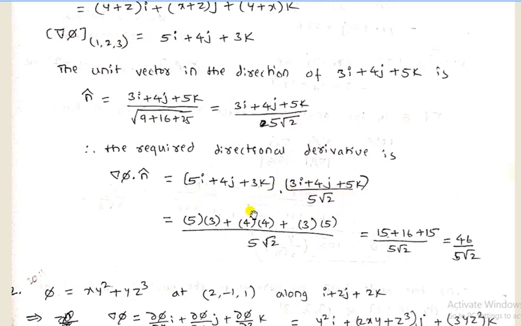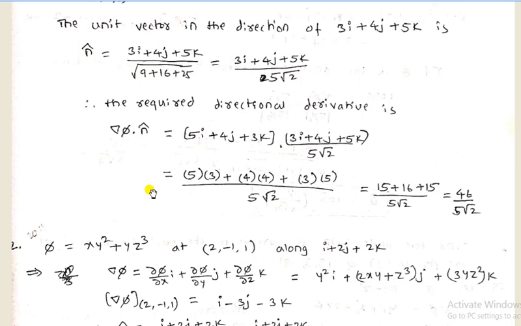So 5 into 3 is 15, 4 into 4 is 16, 3 into 5 is 15, whole divided by 5 into square root of 2. After simplifying we will get 46 divided by 5 into square root of 2. So when they ask problems on directional derivative, you will remember the formula as del phi dot n cap.